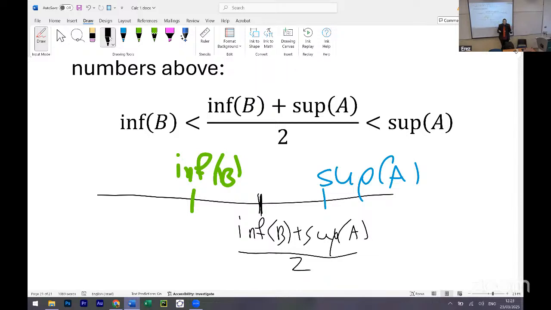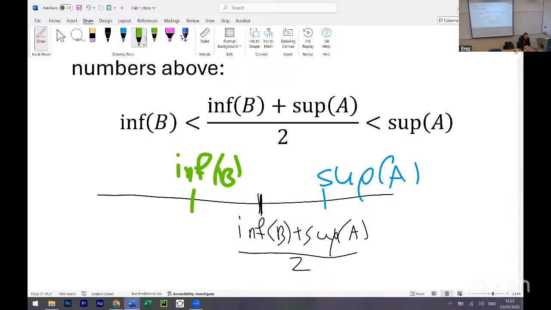It contradicts that every point of the fuzzy brush here should be to the right of every point of the fuzzy brush here. So I'll write it in a second, but again, the infimum of B is the maximal lower bound, which means this is not a lower bound anymore, which means there's some element of B here. I will draw these elements.